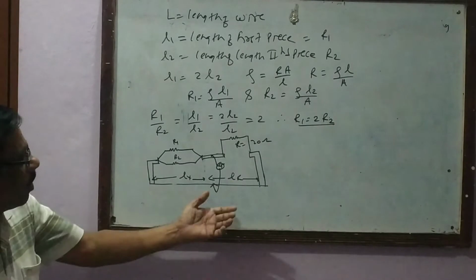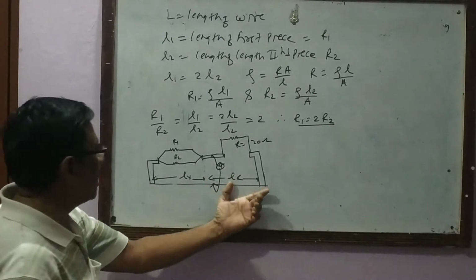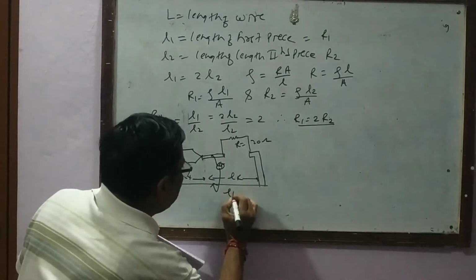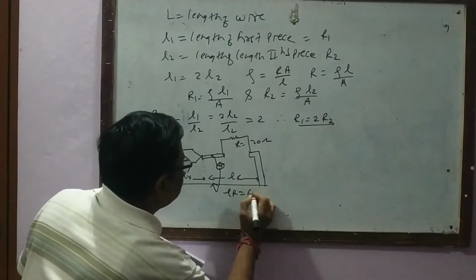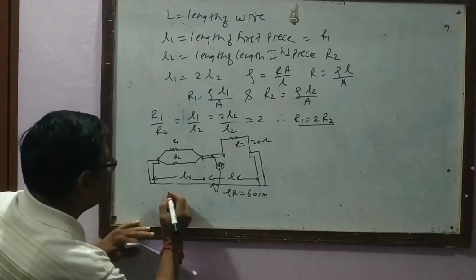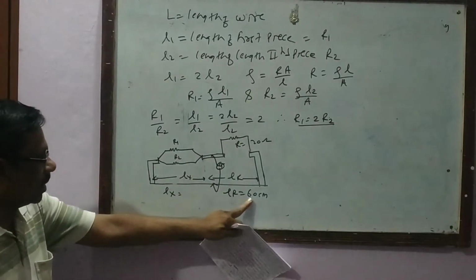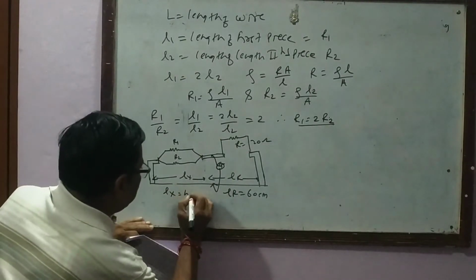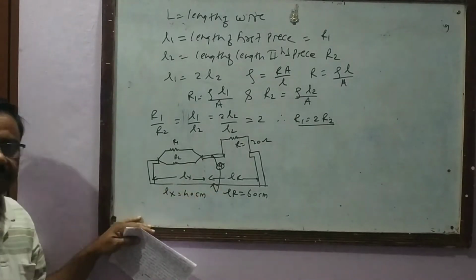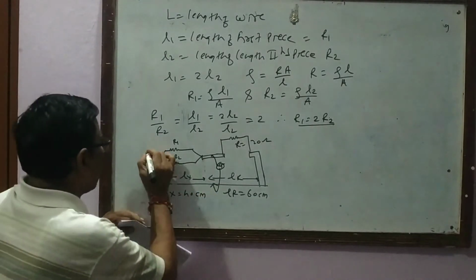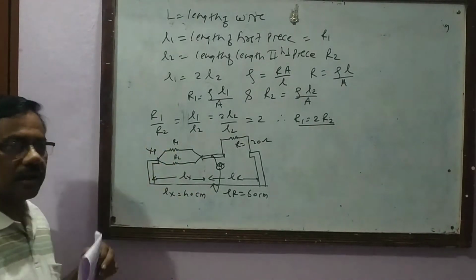The length measured from the right end, Lr, is equal to 60 cm, and hence, 100 minus 60, Lx must be 40 cm, and this is the parallel combination Xp.